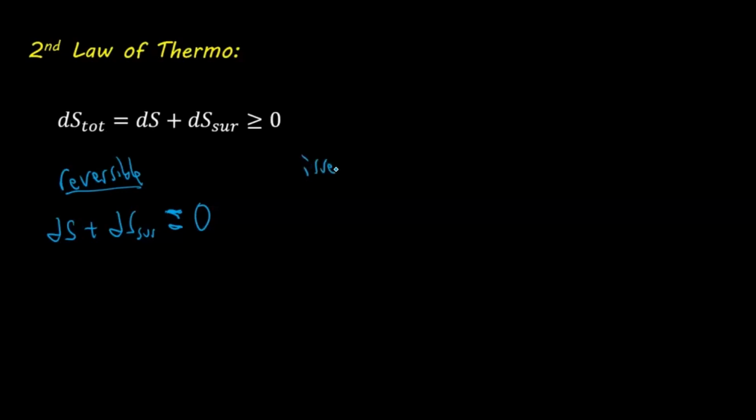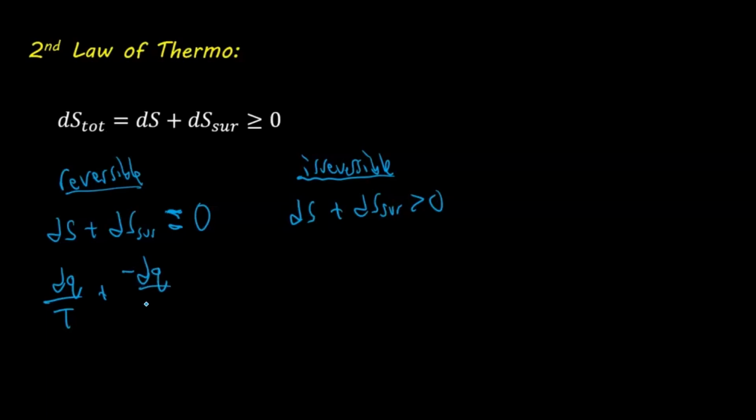But for an irreversible process, which is any real process, any process that actually occurs in real life, it is greater than 0 here. So we have our thermodynamic definitions of entropy, where this is dq over T, and for the surroundings, we have negative dq over T. Since the energy gained by the system is lost by the surroundings, this equals 0.